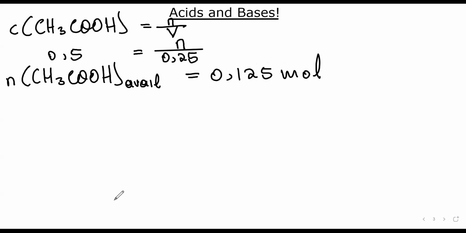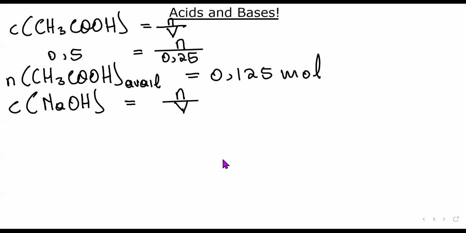Now we go to sodium hydroxide. We define its concentration. Once again, it is defined as the number of moles divided by the volume, all right?